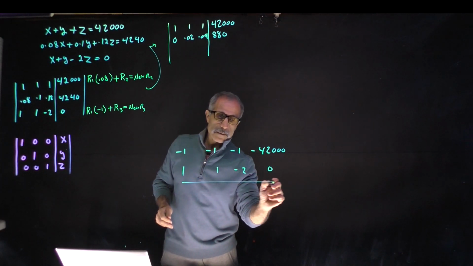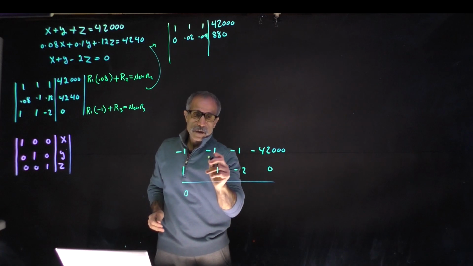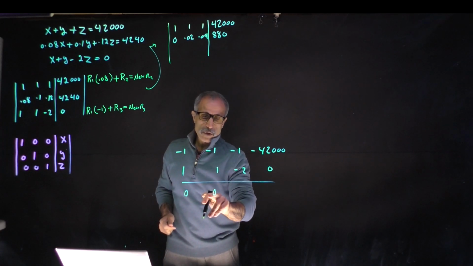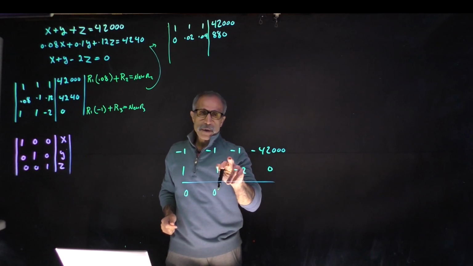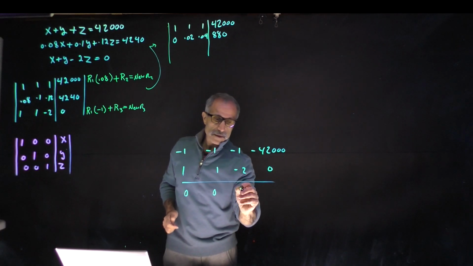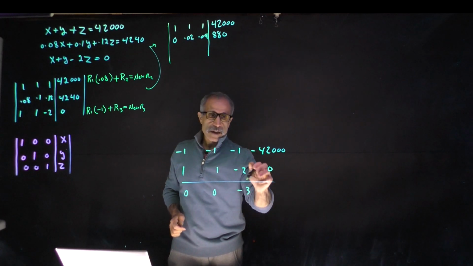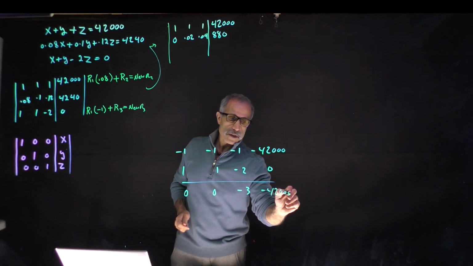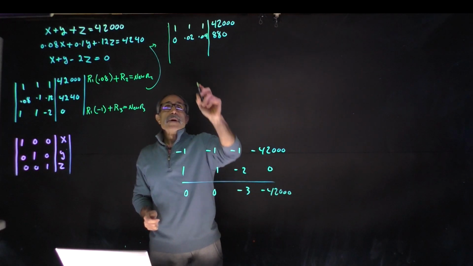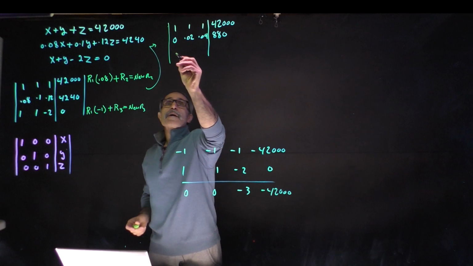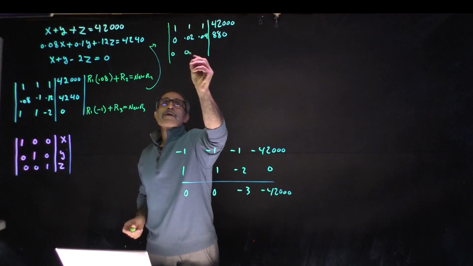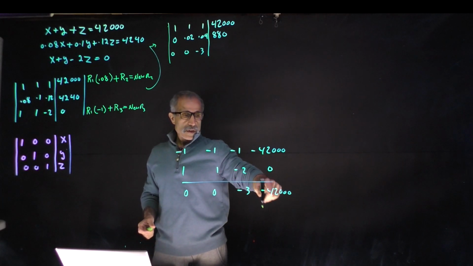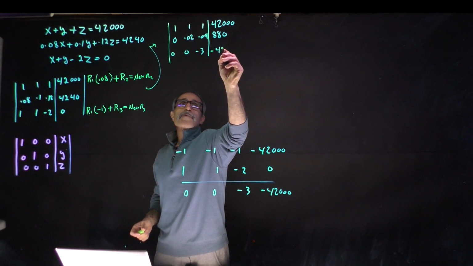So if I add that up, 1 and -1 becomes 0, 1 and -1 becomes 0, -2 and -1 makes it -3, and then I have -42,000.